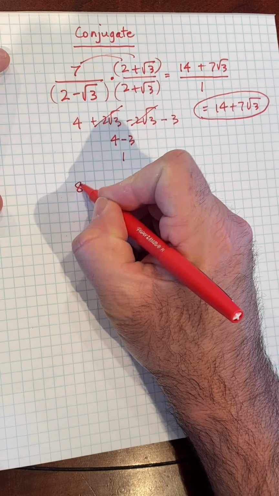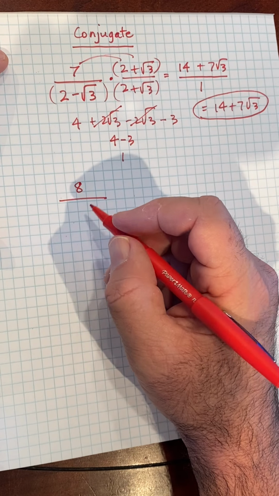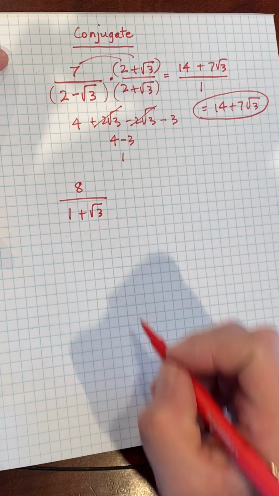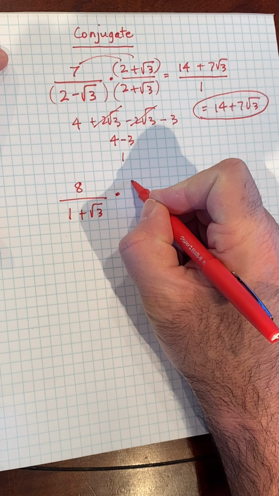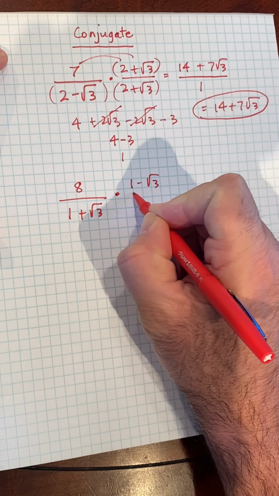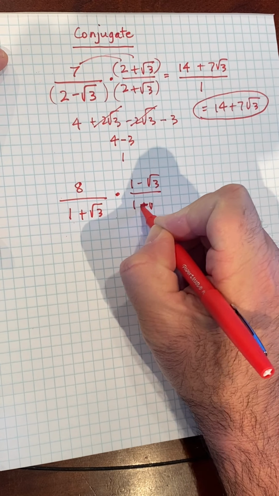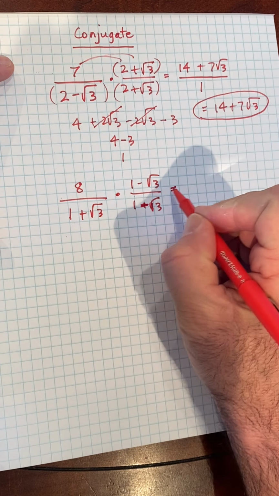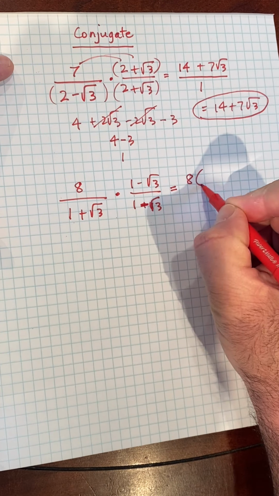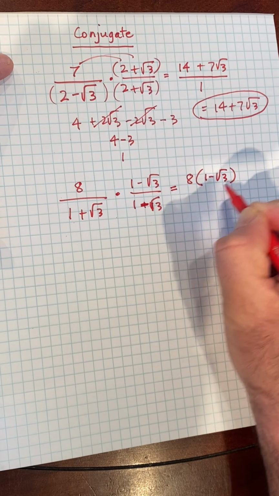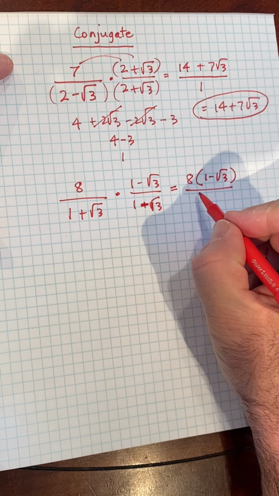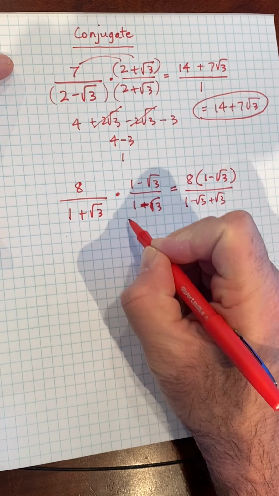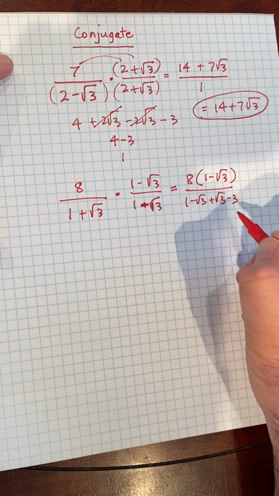How about 8 over 1 plus the square root of 3? So in this case, the conjugate is 1 minus root 3. Because it's plus here, it's minus here. So when I multiply the numerator, I'll leave it unmultiplied to show you what it looks like. Here, first times first, outer, outer, inner, inner, last, last.